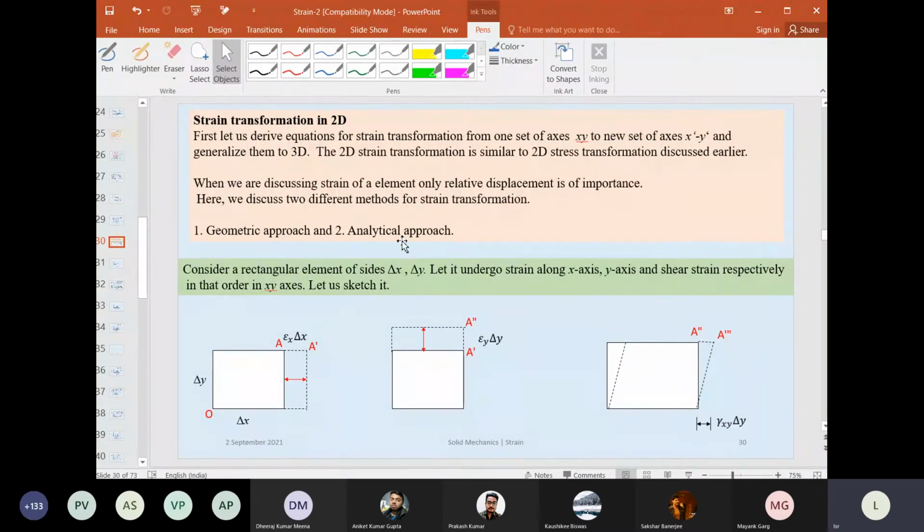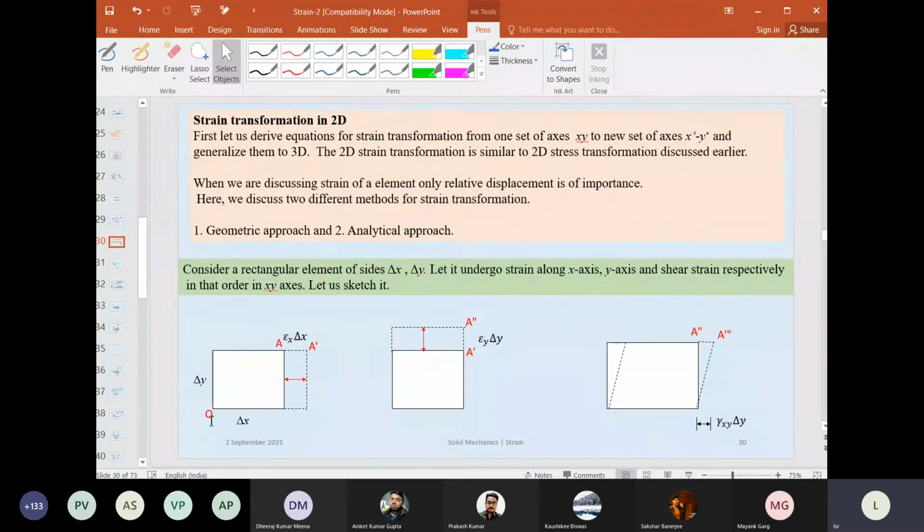Now for strain transformation, there are two approaches. One is the geometric approach, another one is the analytical approach. First we will consider the geometric approach because it is very easy to understand. Consider a small infinitesimal element of sides delta x and delta y.